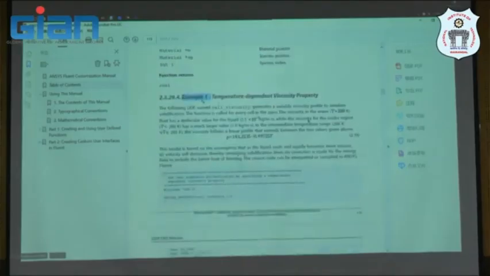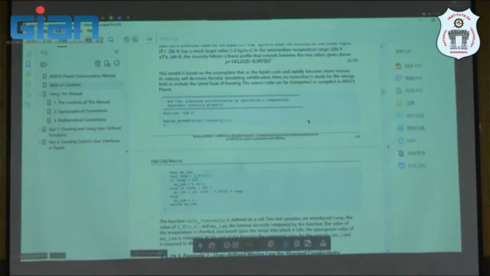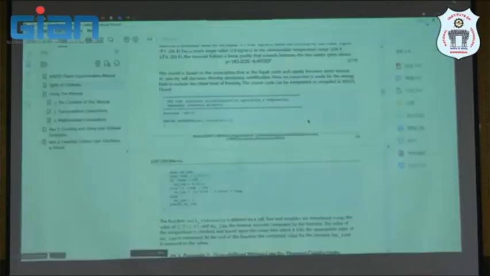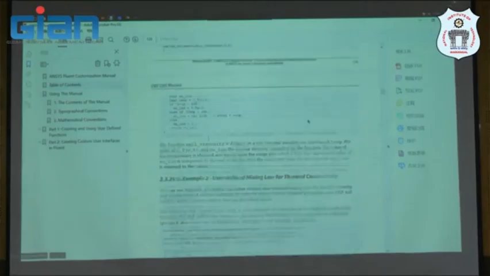For example, in this example, it's about a temperature-dependent viscosity property, which means viscosity varies with temperature, and then they provide the full code here, and we can copy this code to our own file and modify or revise it, and we can use this code successfully.